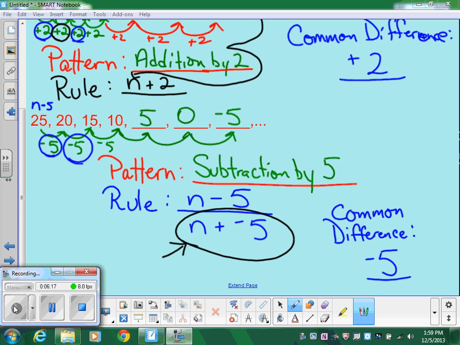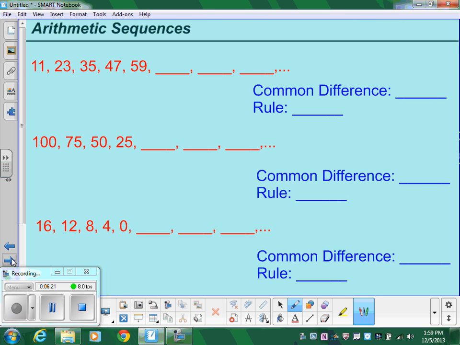Let's continue with this by performing some practice problems. Try these 3 on your own. Pause the video and attempt to find both your common difference and then construct your rule.